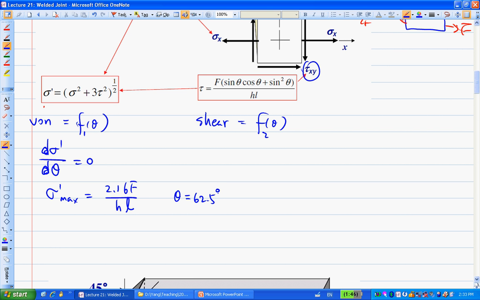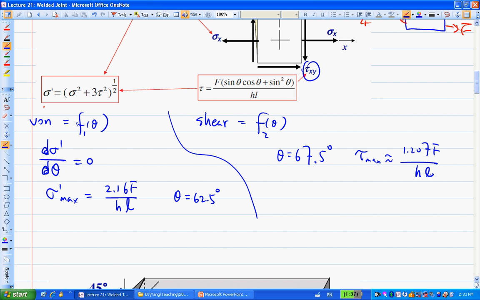At this value of theta, sigma prime is the maximum. For the shear stress tau, it's a little bit different: we reach the maximum when theta equals 67.5 degrees, and that's approximately 1.207 F over HL. So this is the mathematical way, technically, to get the maximum value.